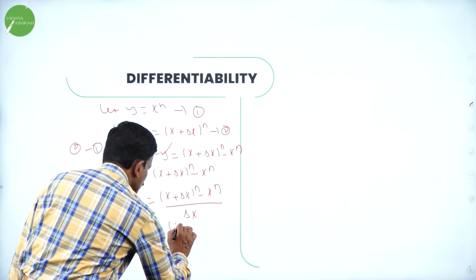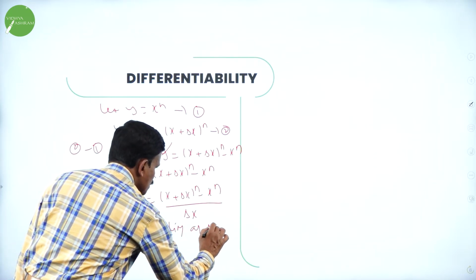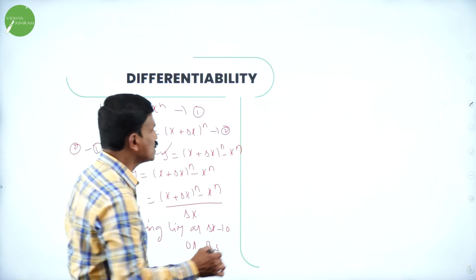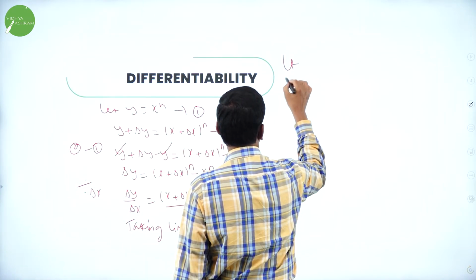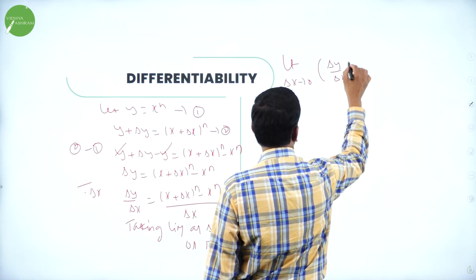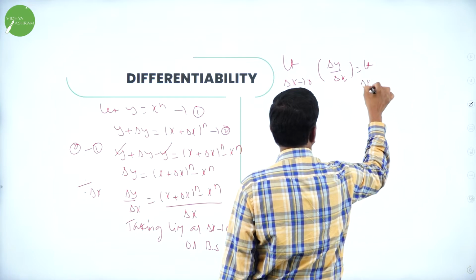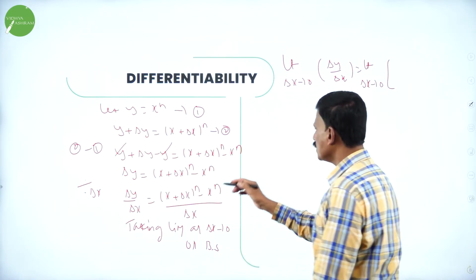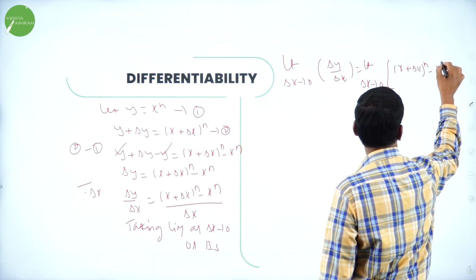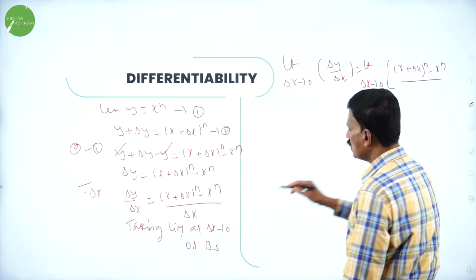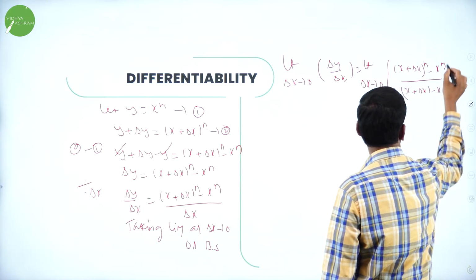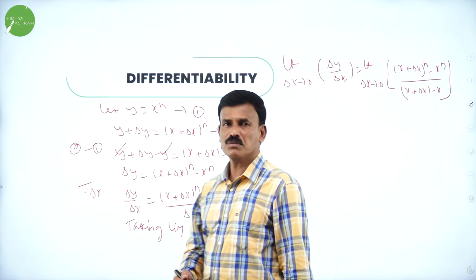taking the limit as delta x tends to 0 on both sides. So, limit delta x tends to 0 of delta y by delta x is equal to limit delta x tends to 0 of x plus delta x to the power of n minus x to the power of n, divided by delta x; for this delta x, just add and subtract x in the denominator, so x plus delta x minus x.